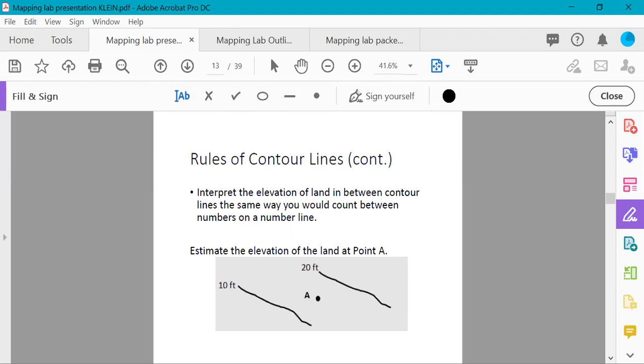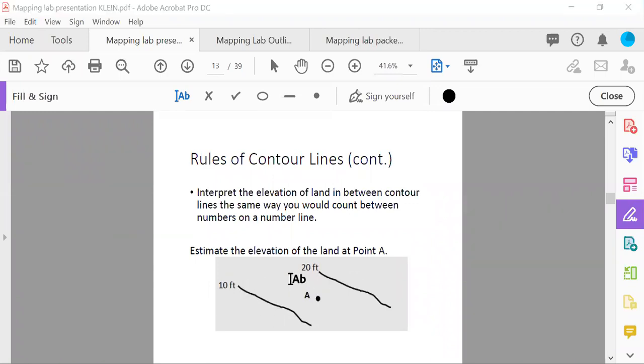What do you think it might be? Again, you're using it like a number line. Now, if you don't remember what a number line is, it's like if this is 10 and that's 20, then you figure out it would be like 11, 12, 13, 14, 15, 16, 17, 18, 19, 20. That's what a number line is. Okay, so what might an elevation for point A be?